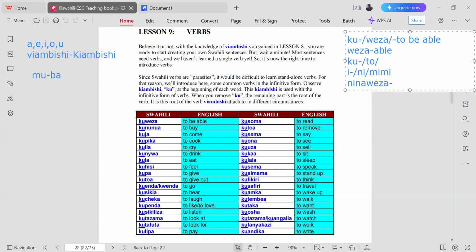That's the complete word for I am able. So ninaweza. The first ni is I. Na refers to the word am. Then weza becomes able.